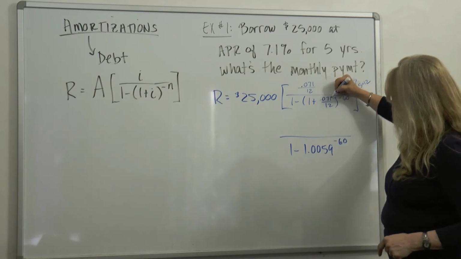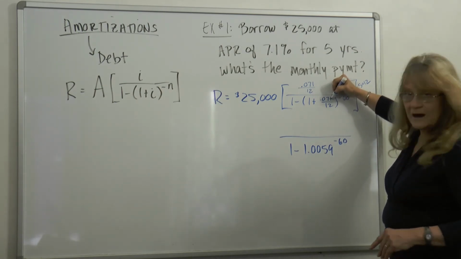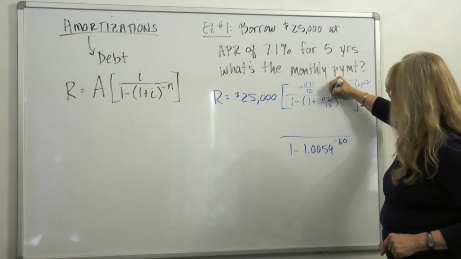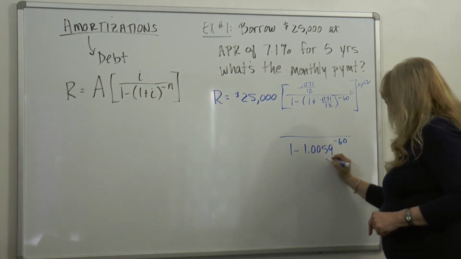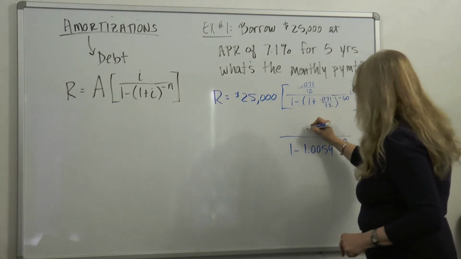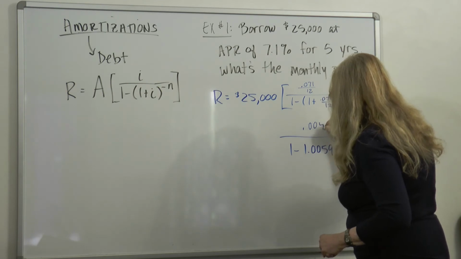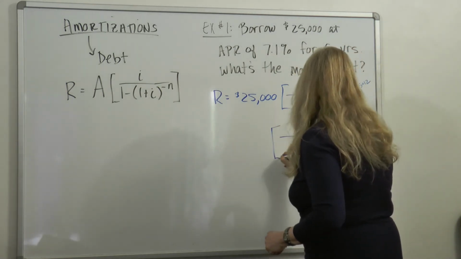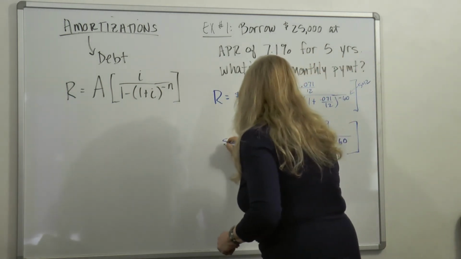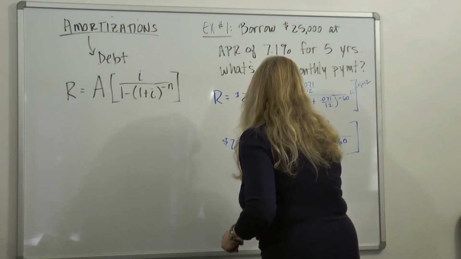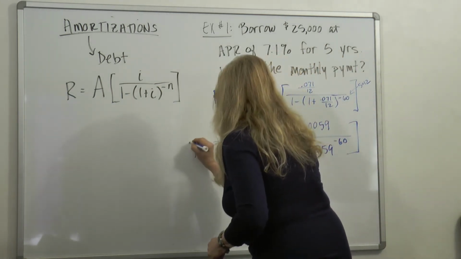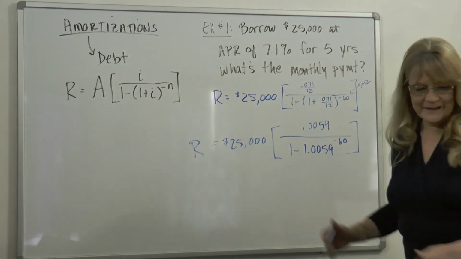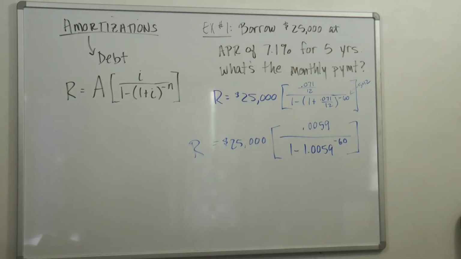This value is the same as this one, but to get it out of scientific notation, I added 1. So just this part after the 1 is what this is, 0.0059.